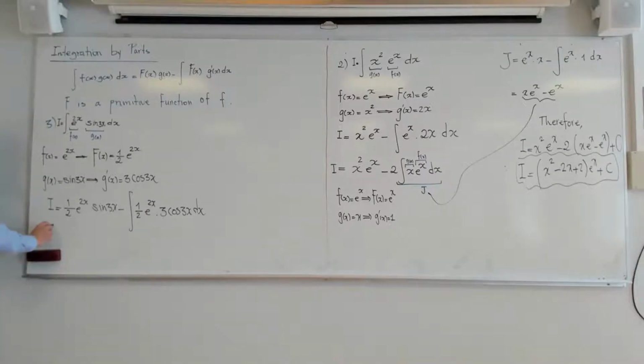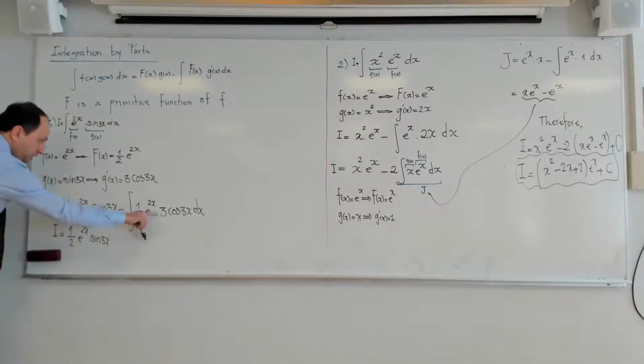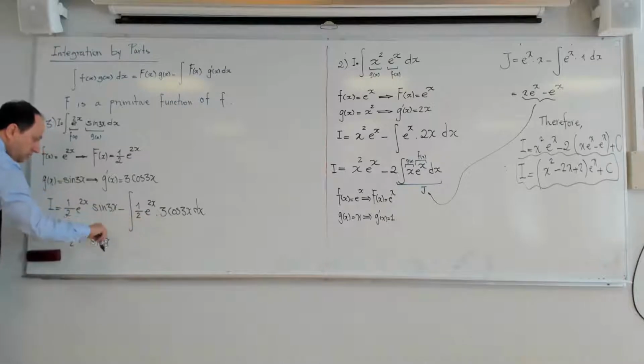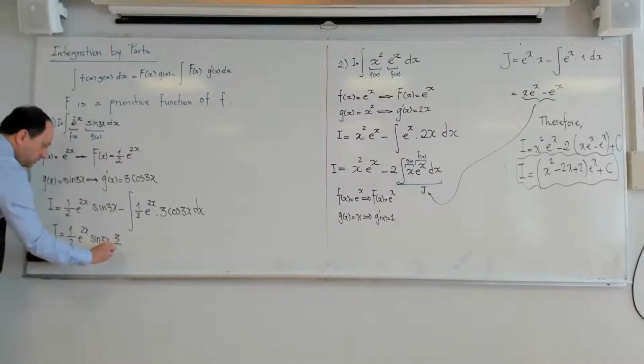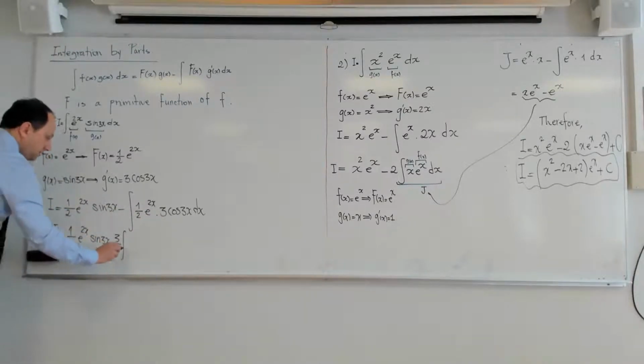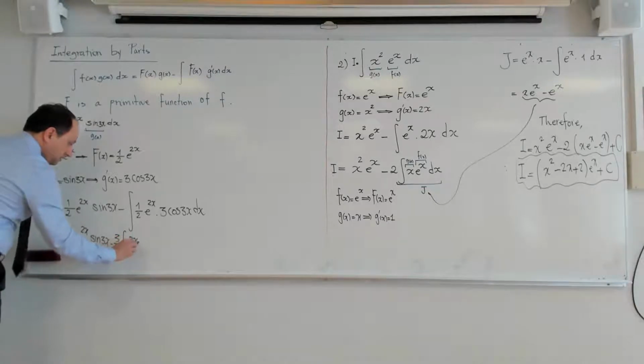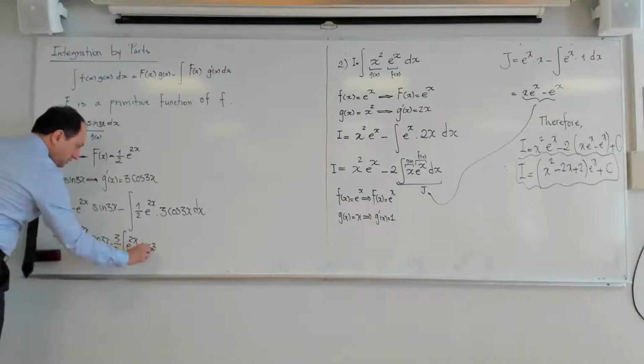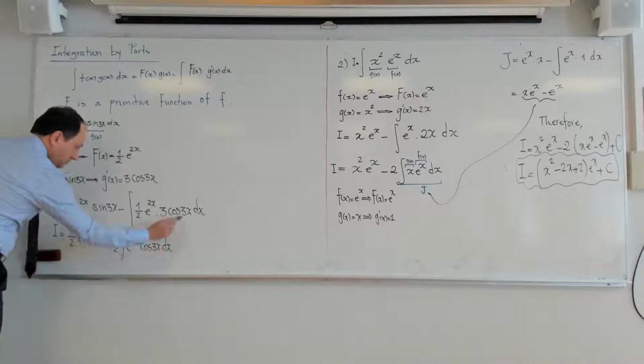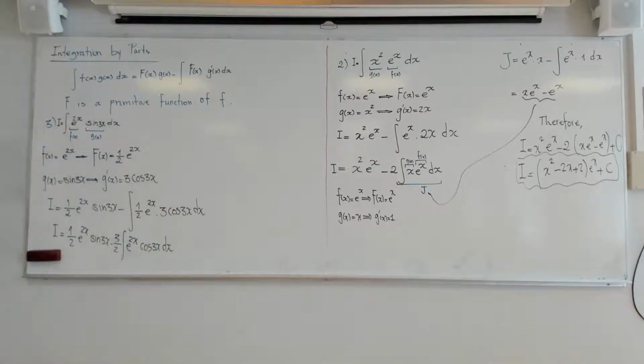Let me rewrite it once more simpler. So this I cannot simplify, of course, but here, you see I have a 1 over 2 and I have a 3. I multiply them, that's a constant, I pull it out. Yes, so I got this.